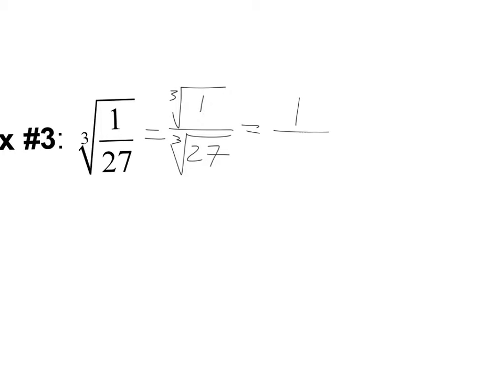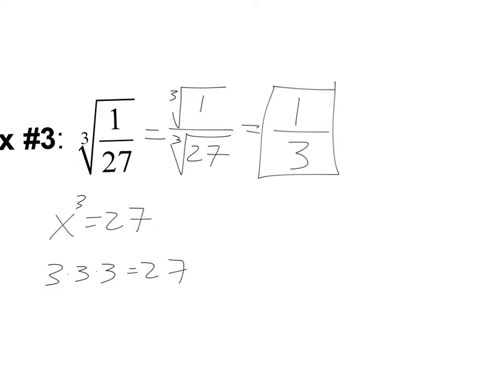That's just 1. But what times itself 3 times equals 27? And this one you should actually know, right? What to the third power is 27? You should have seen this one by now. It's actually 3. 3 to the third power is 27 because 3 times 3 times 3 is 27, so you would just put a 3 here. And so the answer to this one is just 1/3.